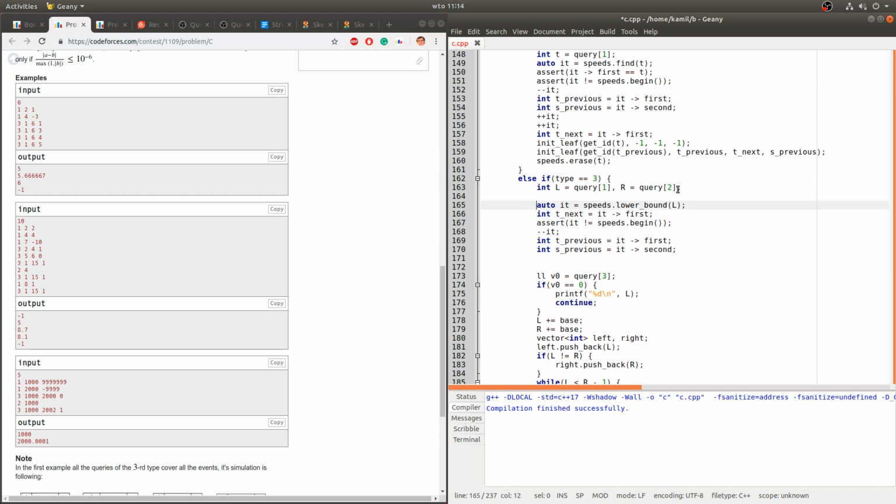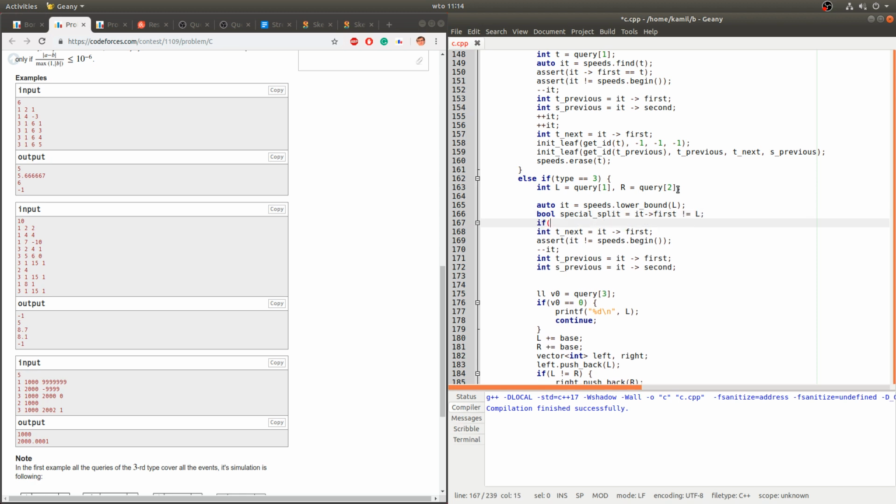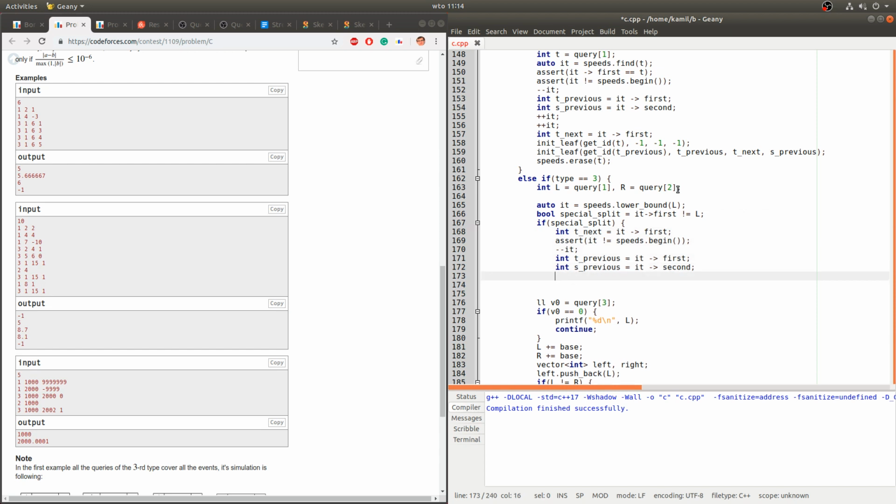Okay, maybe if bool special split is, IT first is different than L, then I need to do something extra. If special split, then all of that.